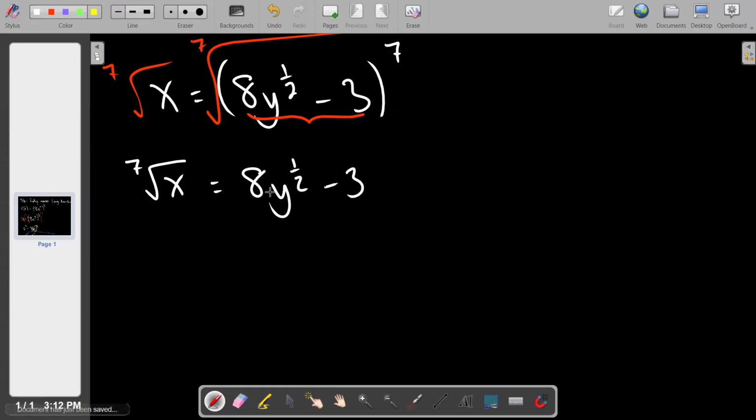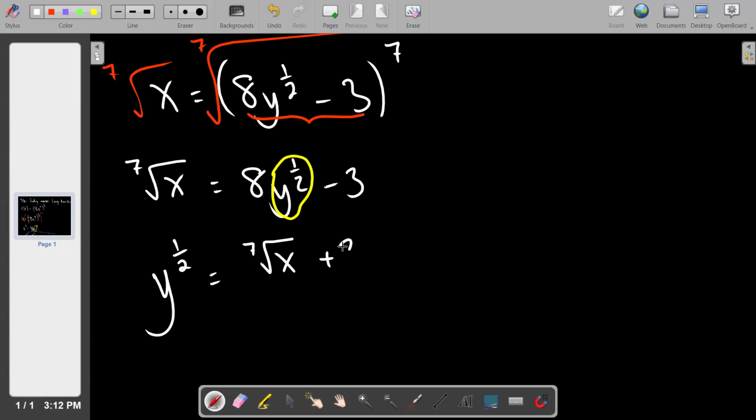It's just a set of rules, right? It never changes. The goal is to get this yellow jelly bean by itself. And that means, just like I taught you back in algebra 1, you add 3 and then you divide by 8. I'm going to do a side change now. So we're going to have y to the power of 1/2 is equal to the 7th root of x plus 3, all divided by 8.